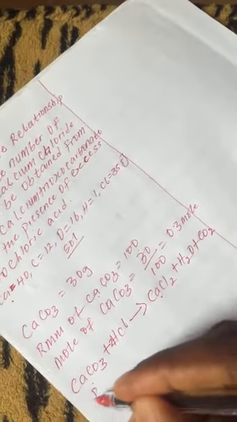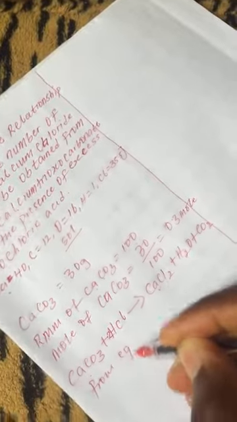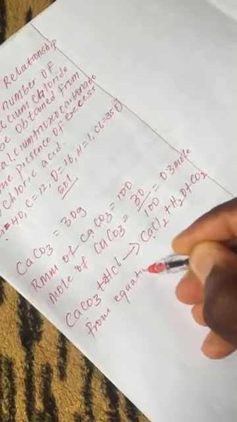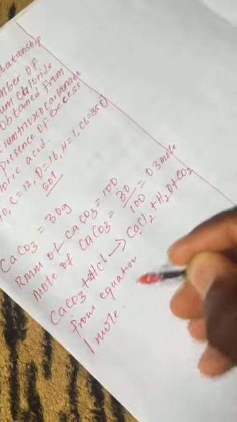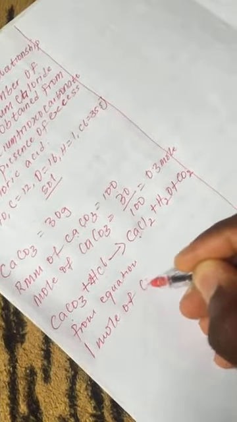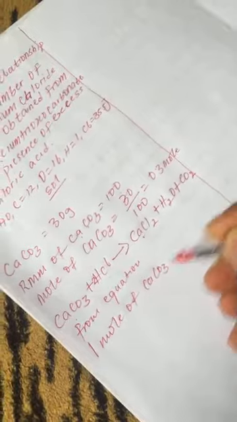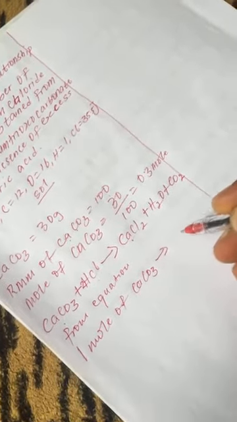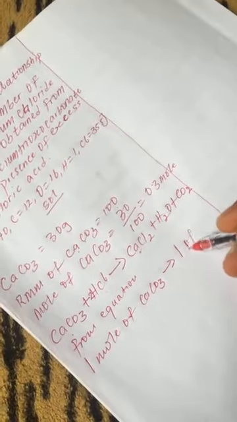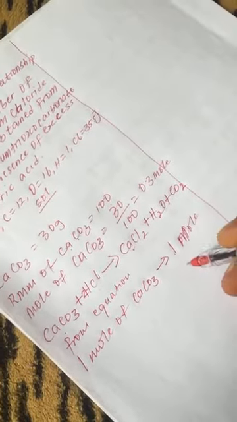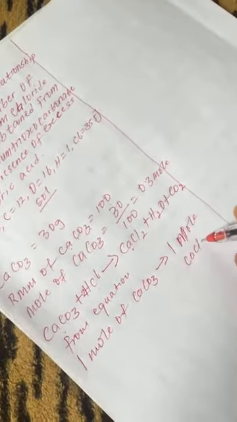From the equation, we observe that 1 mole of calcium trioxocarbonate(IV) will produce 1 mole of calcium chloride.